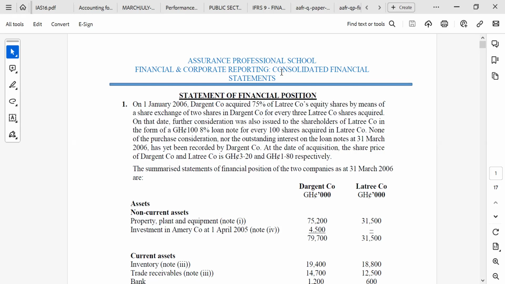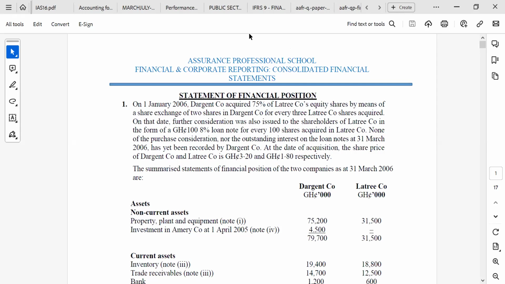None of the purchase consideration nor the outstanding interest on the loan note at 31st March 2006 has yet been recorded by Targent Co. At the date of acquisition, the share price of Targent Co. and Latrico is 3 cedis 20 pesewas and 1 cedi 80 pesewas respectively.